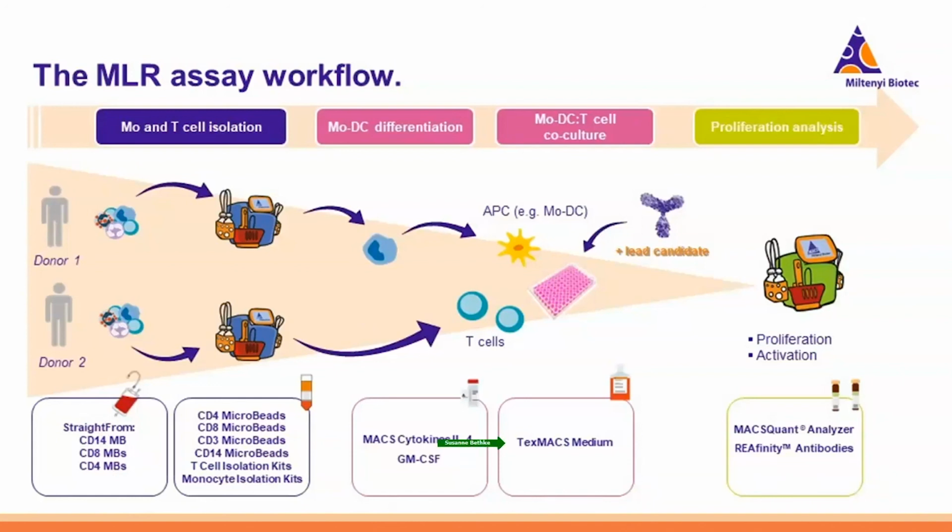And for the readout, of course, the REAfinity antibodies have all you need to really get your proliferation analysis done. And with the MACSQuant Analyzer, you have the nice readout. And as I told you before, with the MACSQuant X, this can also be done in a very nice automated way, so that this is really done while you maybe go back to your office and drink a cup of coffee or listen to a nice webinar that we are doing.